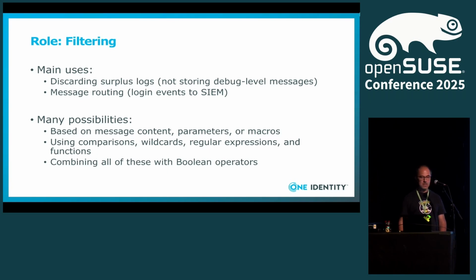There are many possibilities in filtering. It can be based on message content, various message parameters. You can use comparisons, wildcards, different filtering functions. And best of all, the possibilities are endless, as you can combine these using Boolean operators.